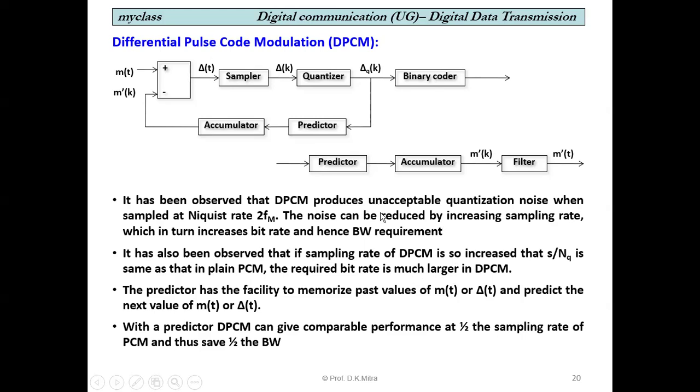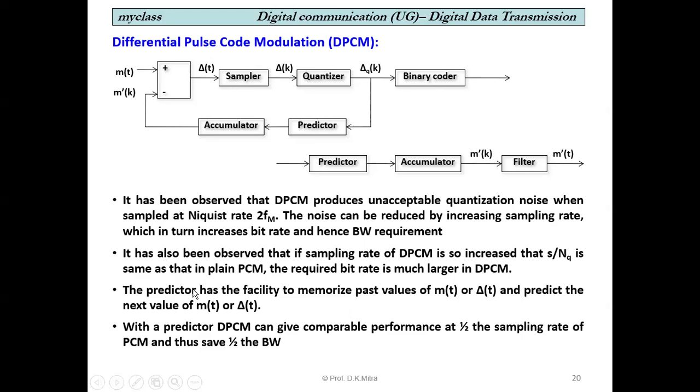As we said earlier, DPCM gives larger quantization noise, and if you want to maintain the same signal to noise ratio, you need more samples, and that means your bitrate will be larger. The required bitrate is much larger in DPCM than in pulse code modulation.